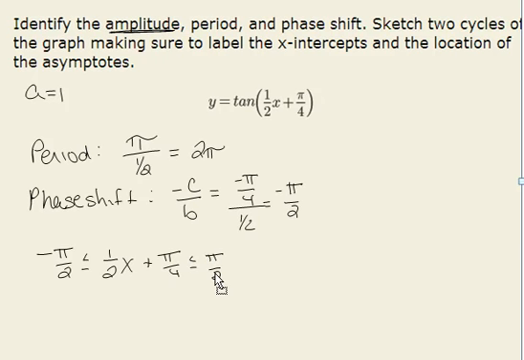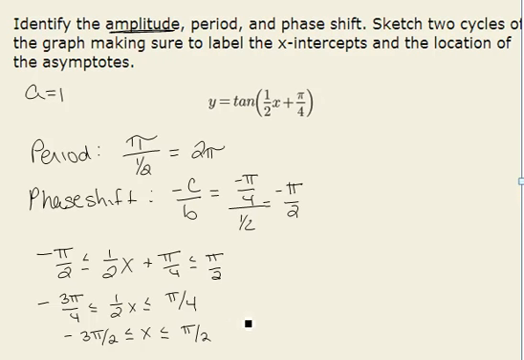Solving this one cycle interval, we would subtract pi over 4, or get a negative 3 pi over 4, subtract another pi over 4, we would get pi over 4. Multiplying both sides by 2, we would get a negative 3 pi over 2 to pi over 2. We can verify this is indeed a 2 pi interval.